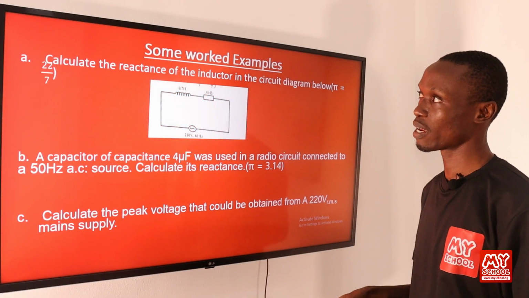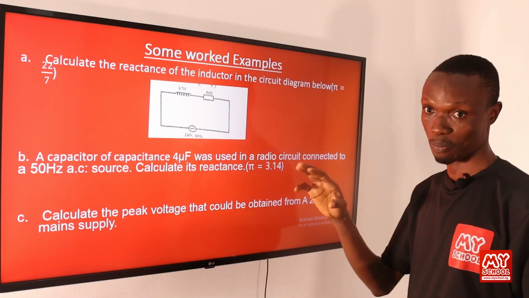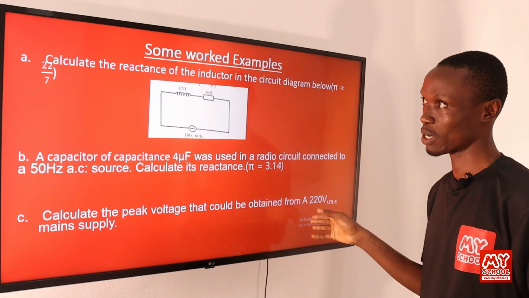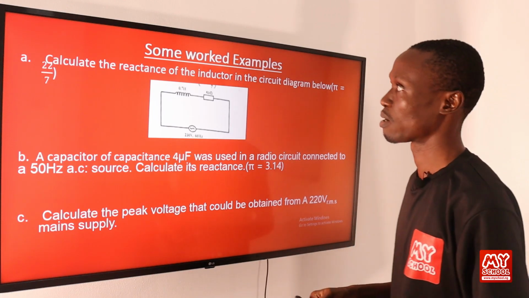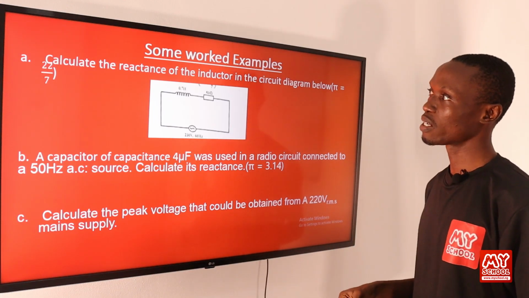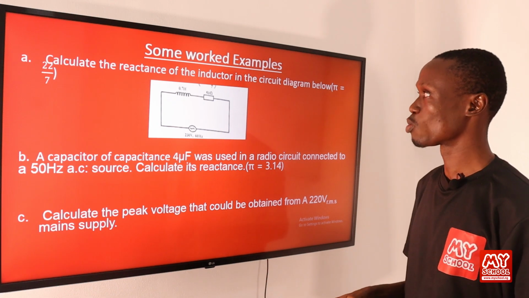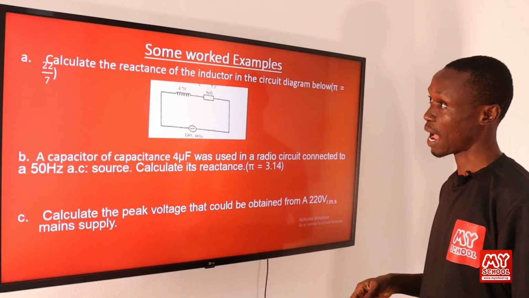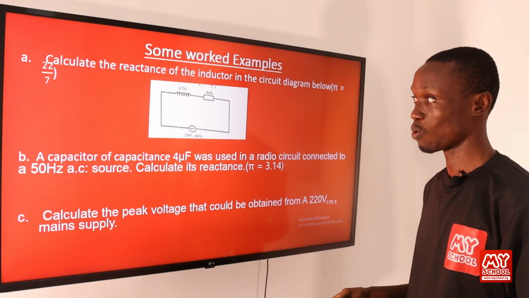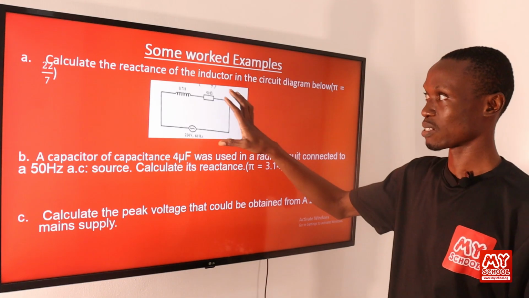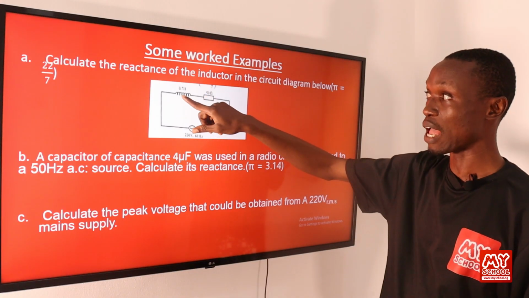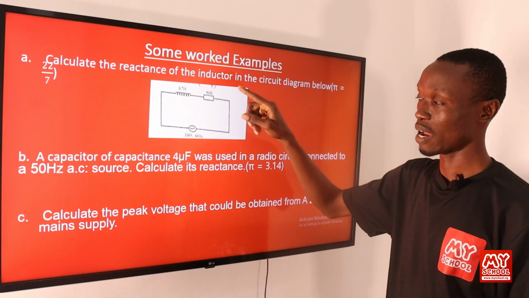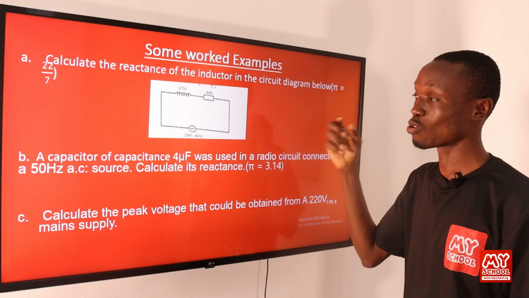On the next slide there are some examples for us to apply the formulas we have seen to solve some problems. Let's begin with question 1. Calculate the reactance of the inductor in the circuit diagram below. We are asked to take pi to be equal to 22 over 7. In the diagram, the value of L is given as 0.7 H, where H is Henry, the unit of inductance.